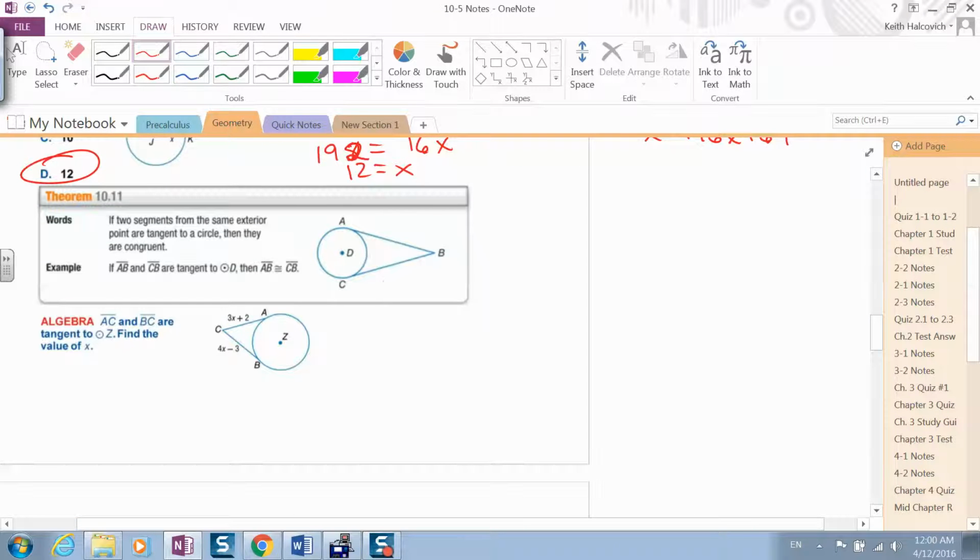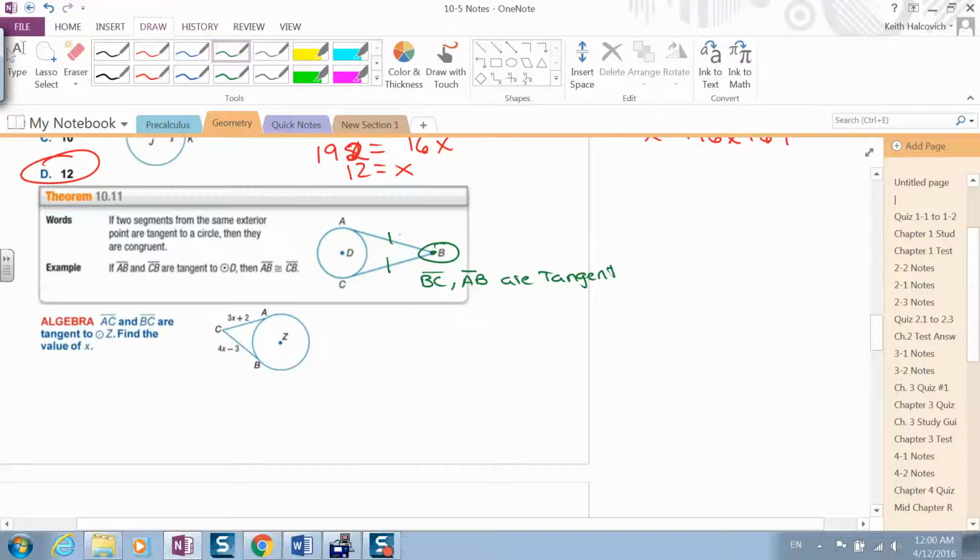Here it says if two segments share the same exterior point and are tangent to a circle, so notice BC and AB are tangents and they share the same external point B, so that means they are equal. AB and BC are the same.